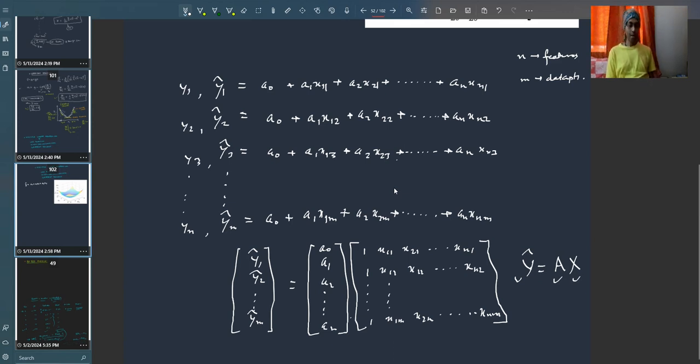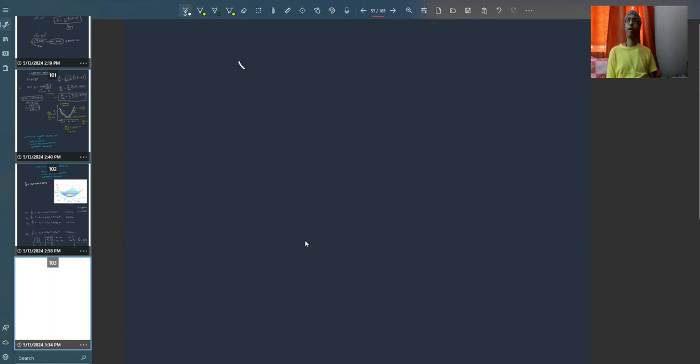Now we try to find out the cost function from it. So we have this big y hat is equal to A into X, right? We also have the original y's, which is y1, y2 till ym. This is the original numbers. We represent it as a big y. Now from these two equations, how do we get the cost function, friends? The first thing that we have to do is to get the sum of squared errors.